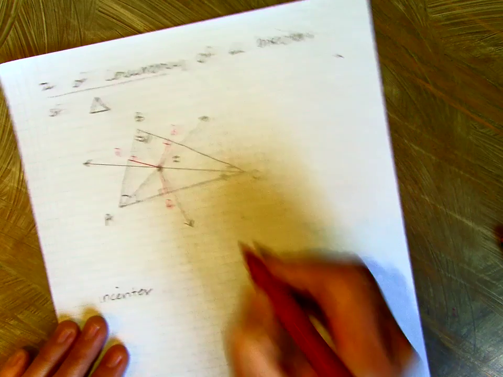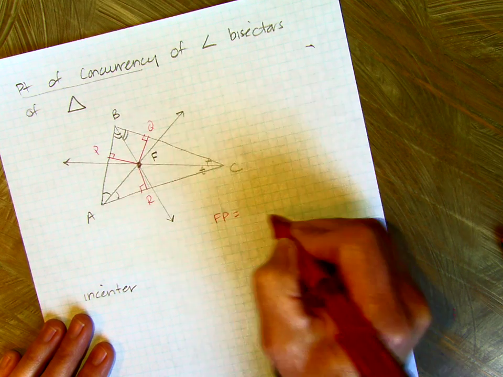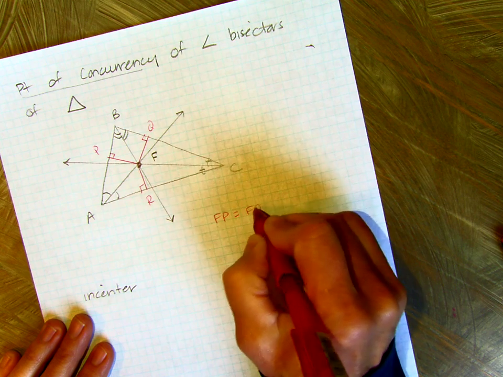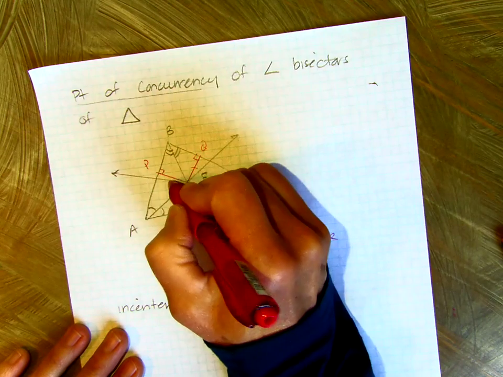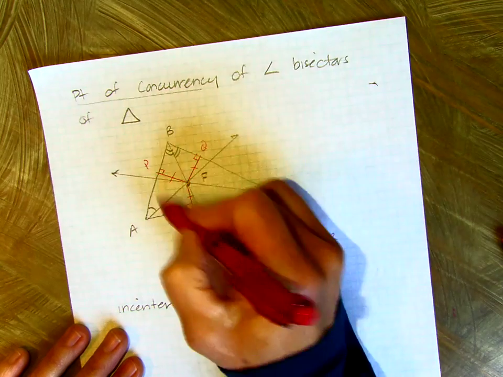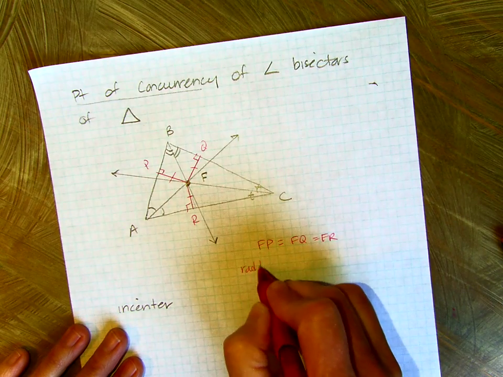And then P, Q, R. FP is equal to FQ is equal to FR.